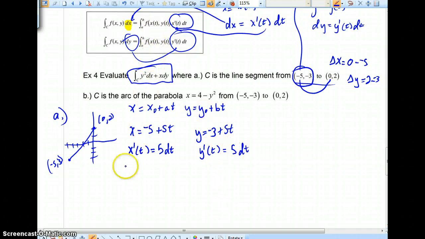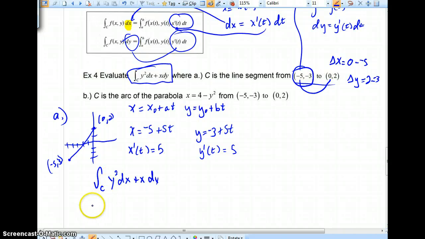As we work this line integral out, we've got the integral over C of y squared dx plus x dy. And we know that our t value, and you can confirm this with your parametric equations for a line segment, is just going between 0 and 1.